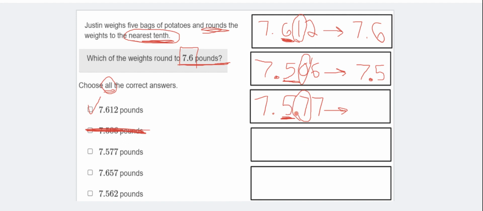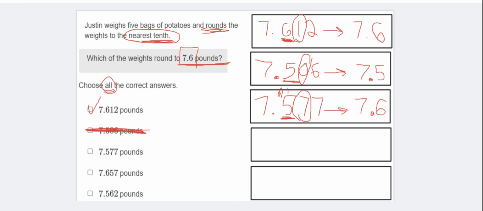Or 5 or more, I'm raising that score. So that 5 is going to increase by 1 more. What is 5/10 plus 1 more? It would be 6. So that 5 plus 1 more becomes 6. So when rounded, it rounds to 7.6.